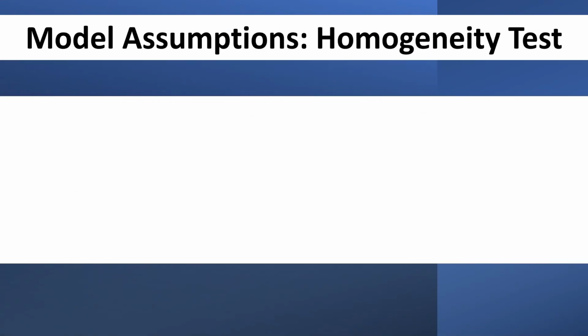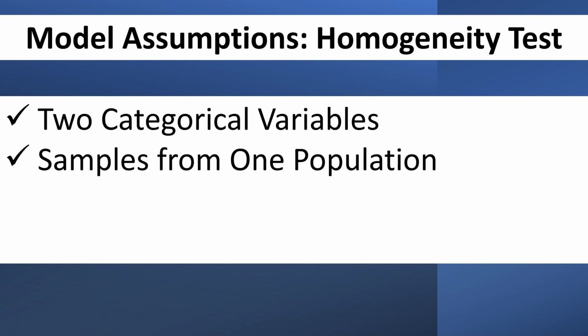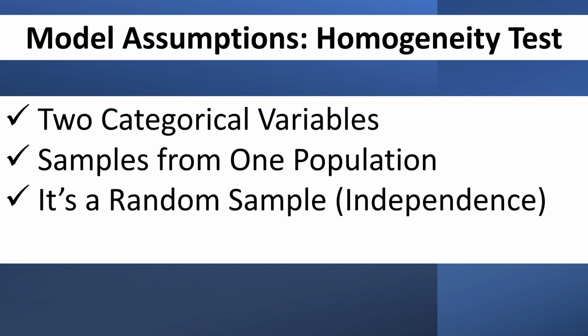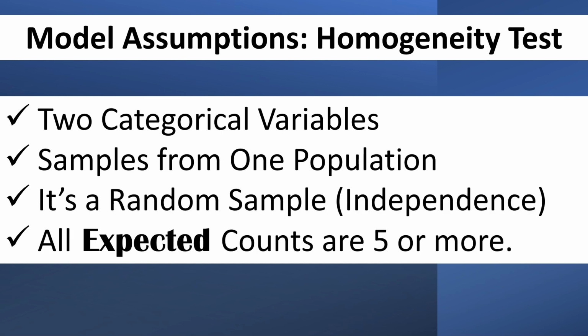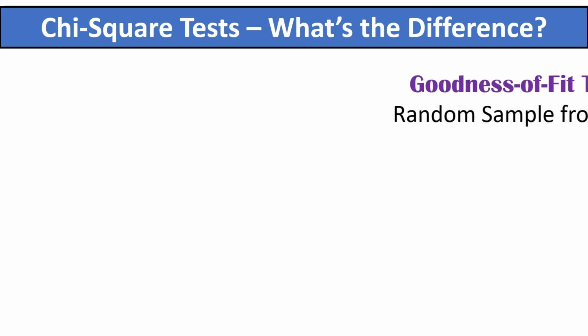Okay, so let's just talk once more about the assumptions for the homogeneity test. Two categorical variables, samples from one population, it's a random sample, and all expected counts are 5 or more. Okay, so this is the end of our unit on chi-square tests. We have 3 chi-square tests in total, so it might be helpful just to summarize those once more.